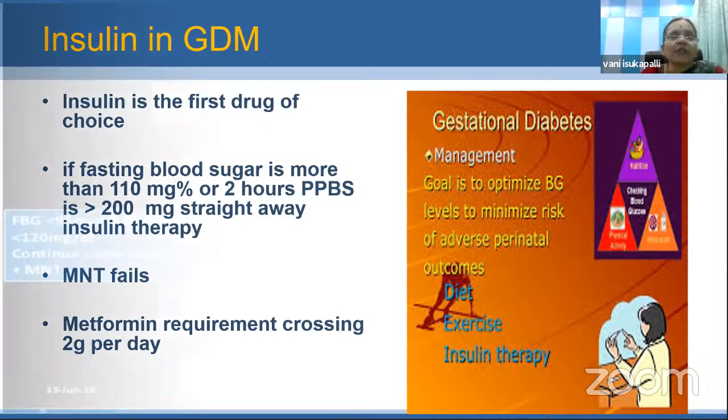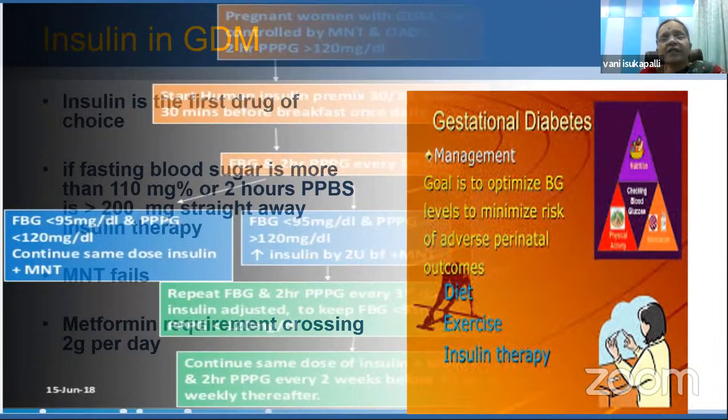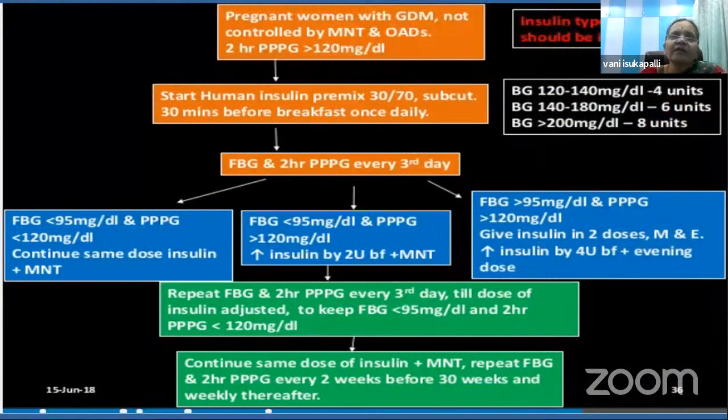So this is the chart, a simple chart wherein even obstetricians can start insulin in their clinics. Pregnant women with GDM, not getting controlled with MNT or oral anti-diabetic drugs, 2 hour plasma glucose more than 120, even with those, then we need to start on insulin. Human insulin premix 30/70.